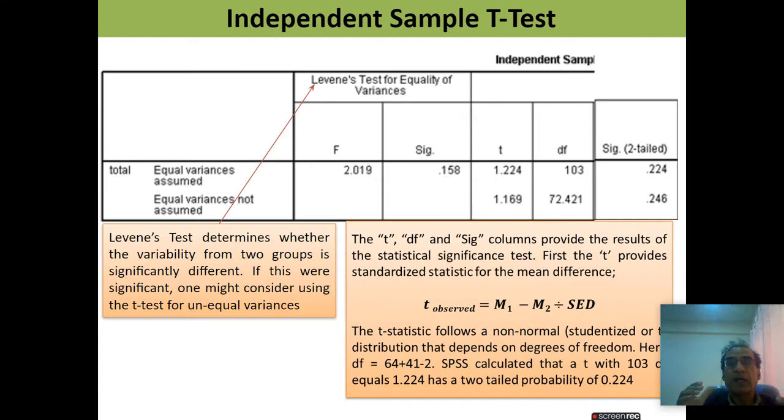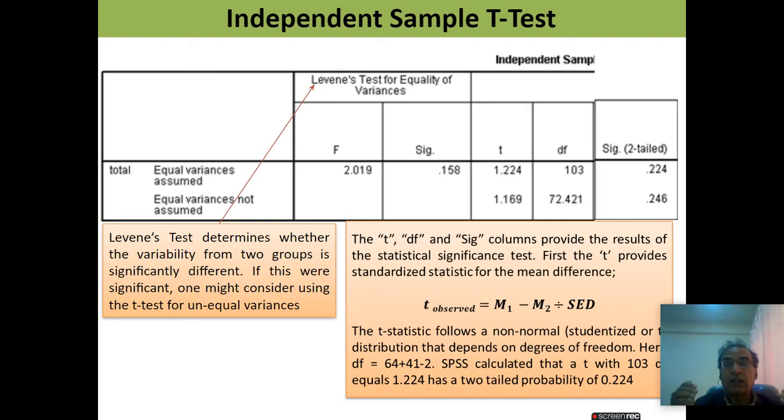Other important parts of the independent sample t-test result are the t, df, and significance columns, which provide the statistical significance test. First, the t provides a standardized statistic for the mean difference. So, t observed equals mean 1 minus mean 2 divided by the standard error.